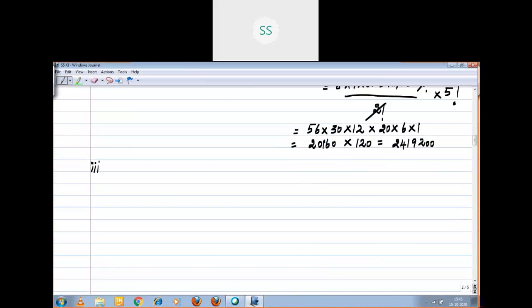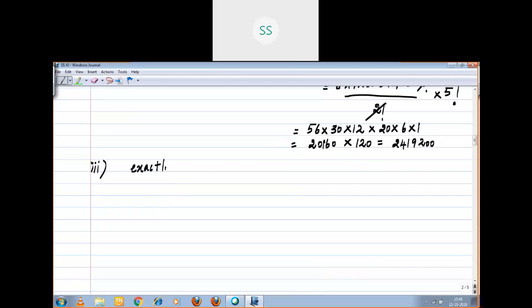It's very interesting. Third subdivision. What is given in the third subdivision? P and S are fixed. In between P and S, 4 letters are there, right?